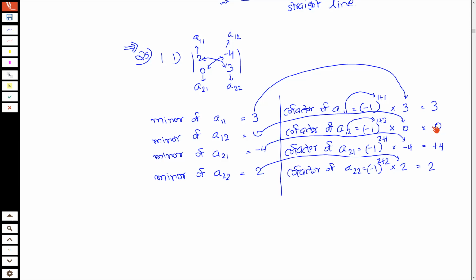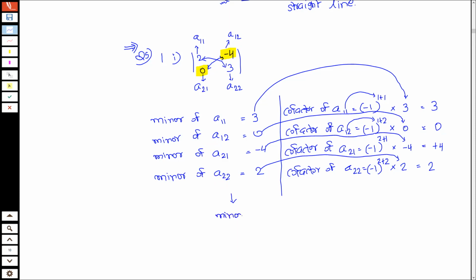So we can see sign changes in element A12 and A21. So for your better understanding, these two positions की साइन चेंज हो जाती है इन कोफैक्टर. ओके, तो एक शॉर्टकट में बताता हूं. ओके, जस्ट गिव मी 1 मिनट.